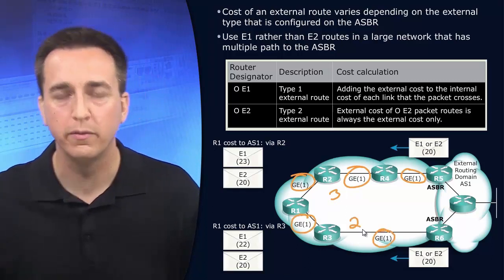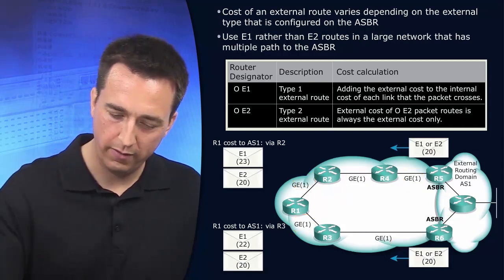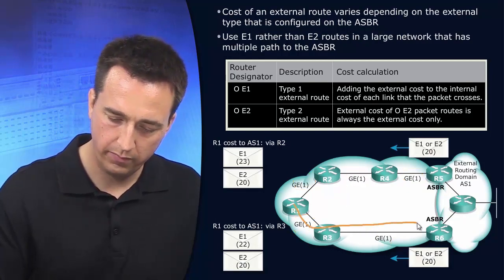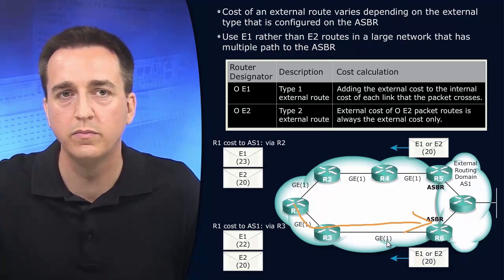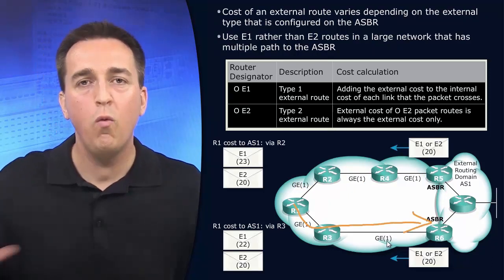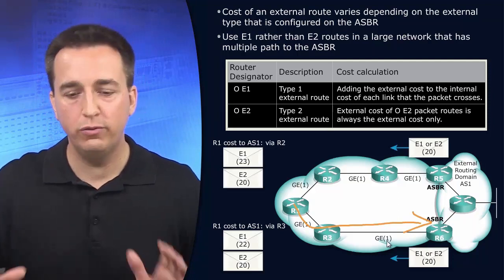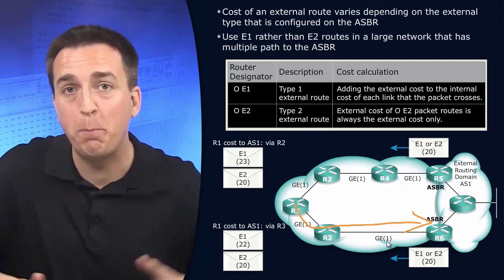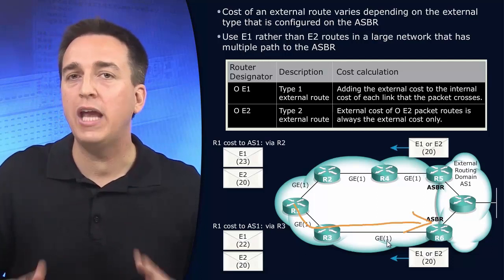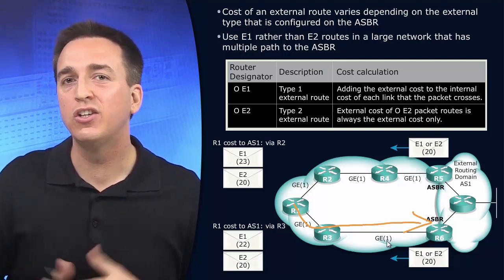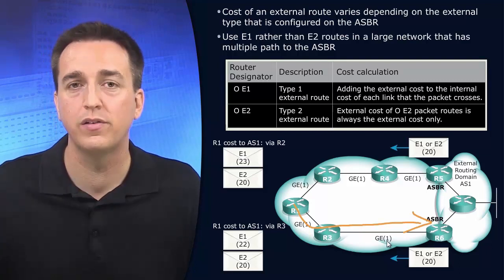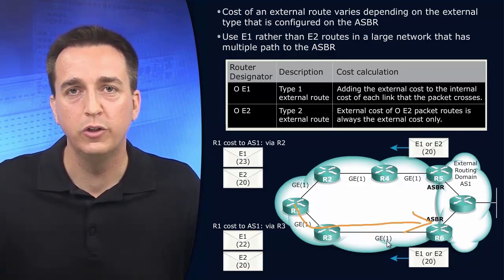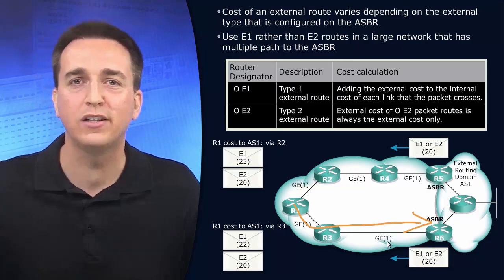Which one's lower? This way. Therefore, we're not going to be performing load balancing here. R1 is going to choose based on internal metrics which ASBR is the closest. And in this case, it's R6. So therefore, we will go through R6 to reach that external routing domain.